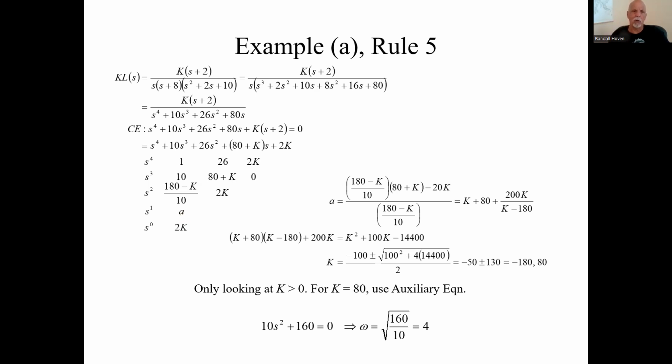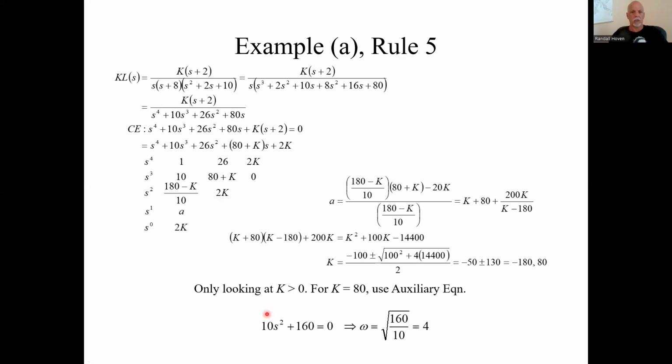You go back to our Routh-Hurwitz stuff and use the auxiliary equation. So if I put 80 up here, I get 100 over 10. I get 10 s squared plus 2 times 80, 160.